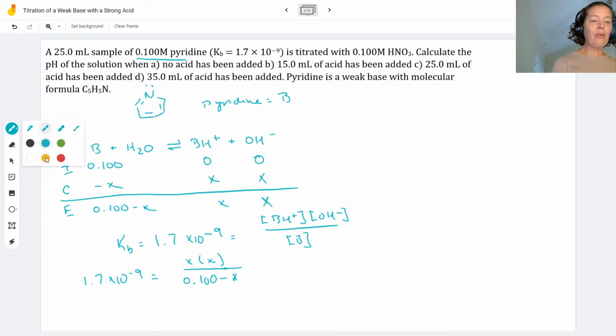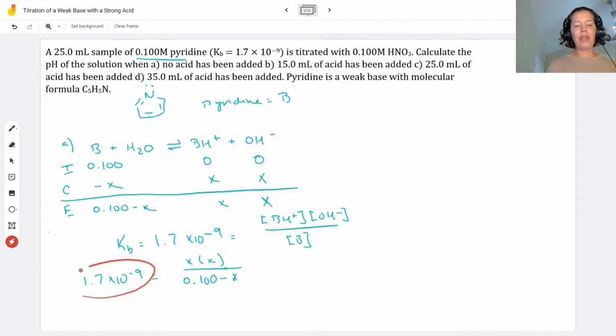And of course, to do that, we can run what I call the 500 rule. And then once we solve for X, we can check with the 5% rule. The other thing you can do is if you notice the KB for pyridine is 10 to the negative ninth, and that is a very, very small KB. So our approximation should be good.